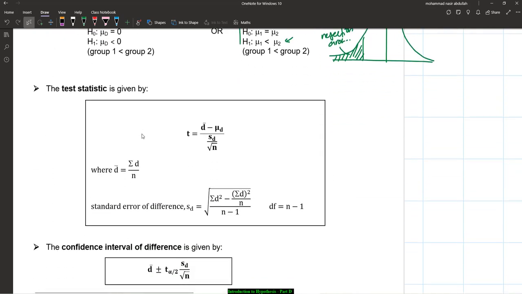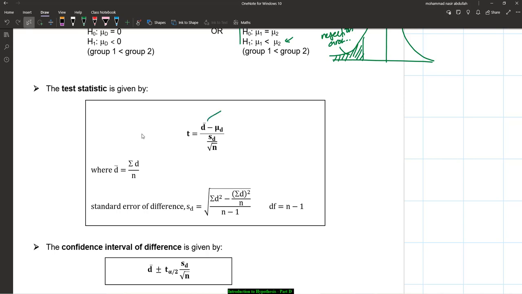So the test statistic that we're going to use is a t-test, which is the t distribution, but the difference is we are using t equal to d bar minus mu d divided by the standard deviation of the difference divided by square root of n.